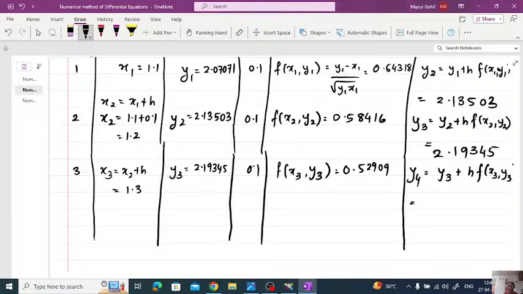How much do you get? You get here 2.246359.6. Okay, this is what you get. This is what you will be getting here as your answer.